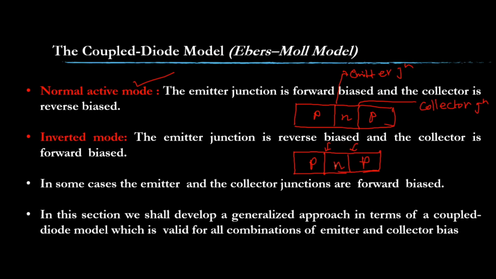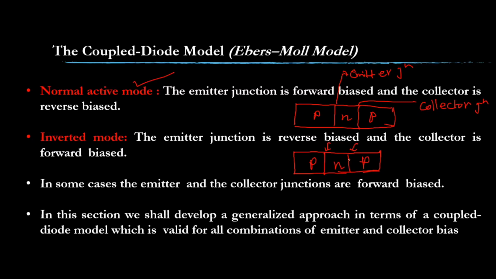For the time being, just understand this; we are going to explain these two modes in depth. So normal active mode means the emitter junction is forward biased and the collector junction is reverse biased. Inverted mode means the emitter junction is reverse biased and the collector junction is forward biased.